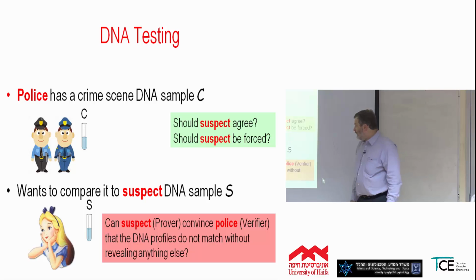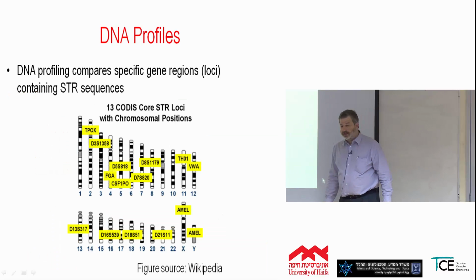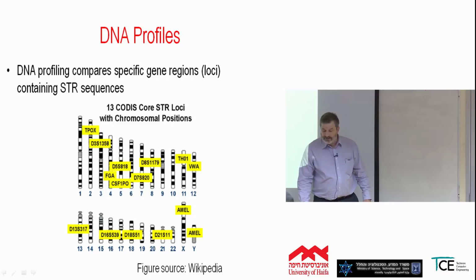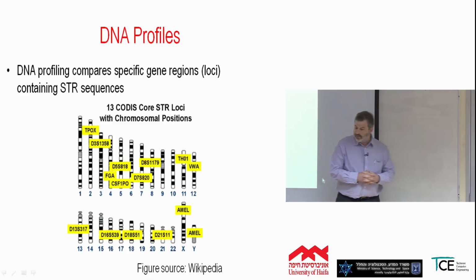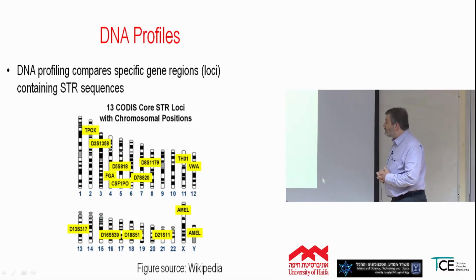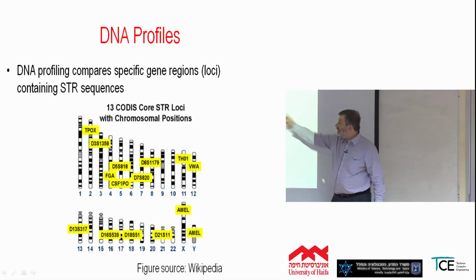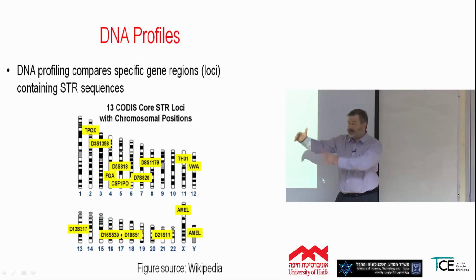Okay, so this is it. How do you prove that you do not match? Here, we do have to go a little into how DNA profiling works. Basically, DNA profiling compares specific gene regions containing STR sequences, short tandem repeat sequences, things that repeat many times.